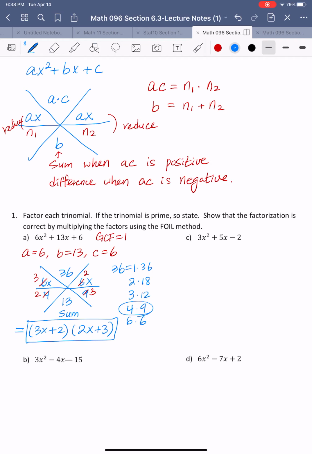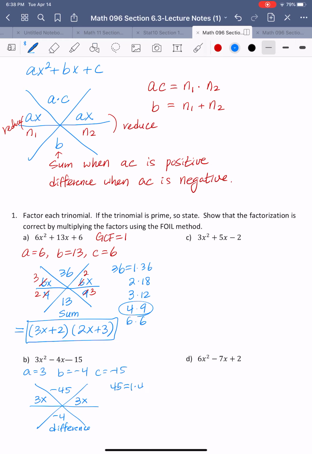Okay, in B, same thing. GCF is 1 this time. A is 3, b is negative 4, c is negative 15. So x factor: 3 times negative 15 is negative 45, and then negative 4. Now the negative 4 is a difference. The two numbers on top are 3x and 3x, and then two numbers from 45 with a difference of 4.